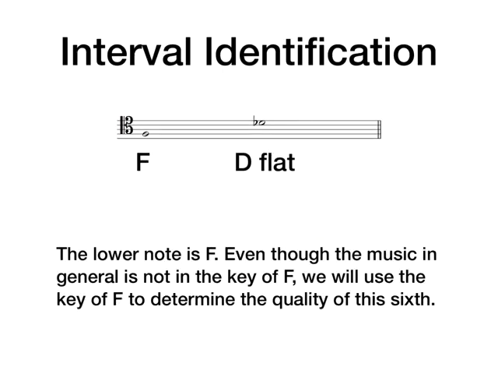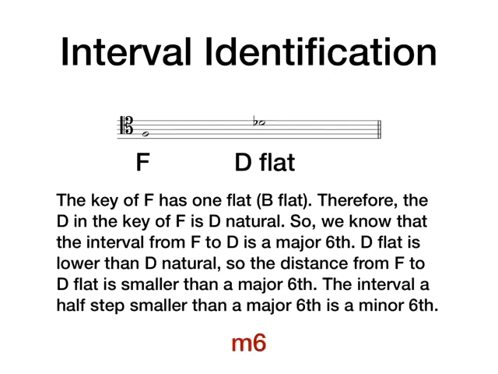The lower note is F, even though we don't have a key signature. So we're probably in C major or A minor. We're going to use the key of F major to determine the quality of this sixth. The key of F has one flat, which is B flat. And so we know that the D in the key of F is natural.